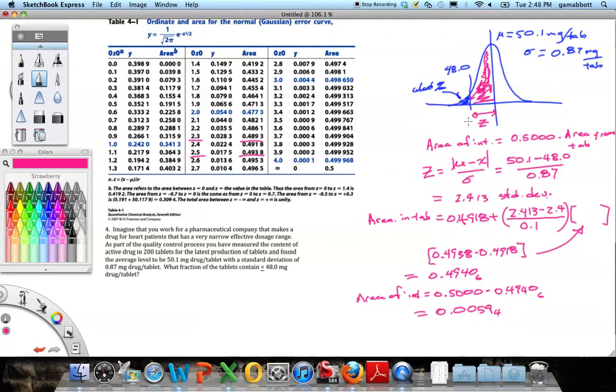That says that the percentage of the total population is 100 times that value, or 0.594% of the total population in that blue wing.